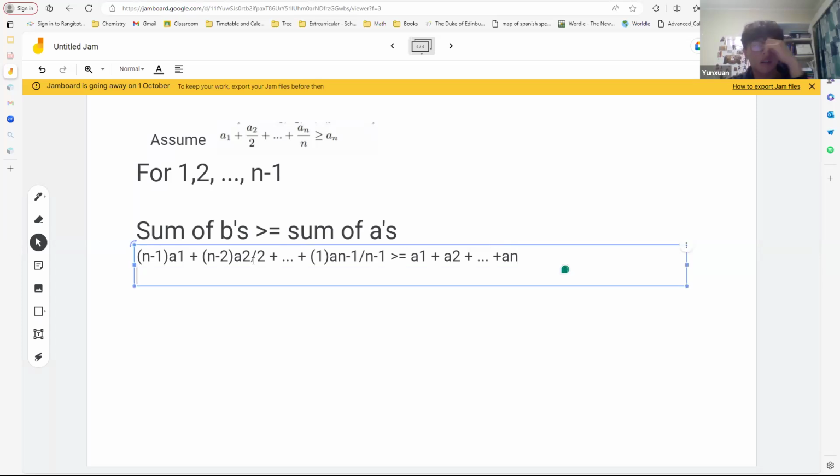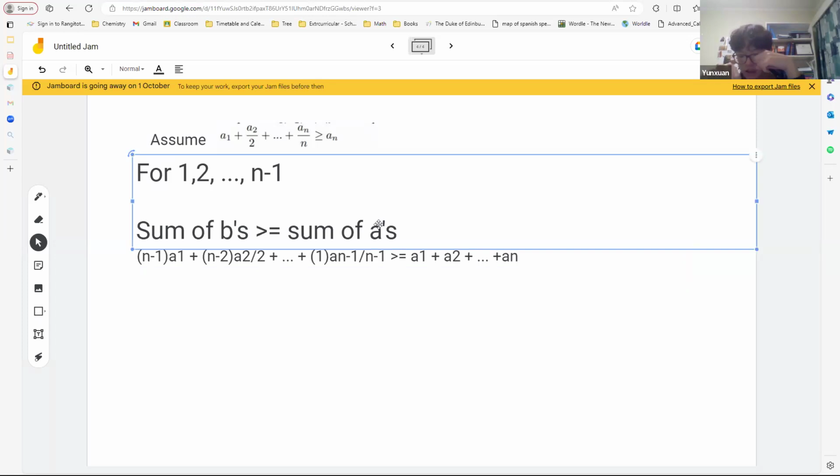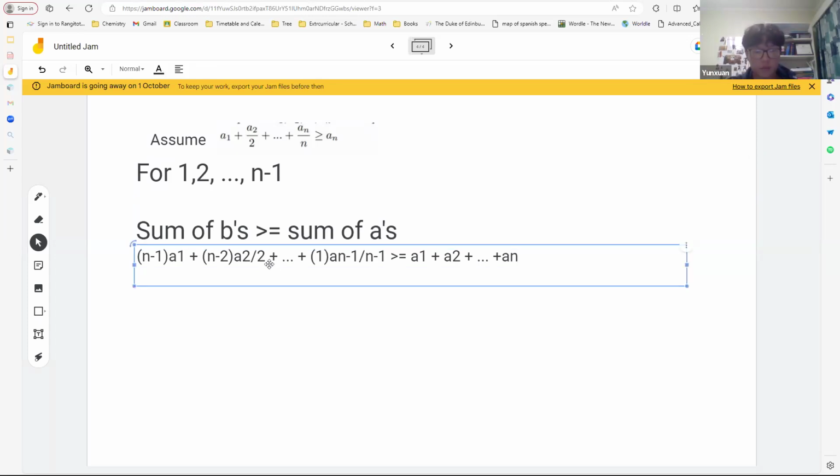But if we add the sum of a's to both sides, we will get n times a1 plus n times a2 divided by 2 plus ... plus n times an minus 1 divided by n minus 1 larger than or equal to 2 times of this side, because we just added this onto both sides.